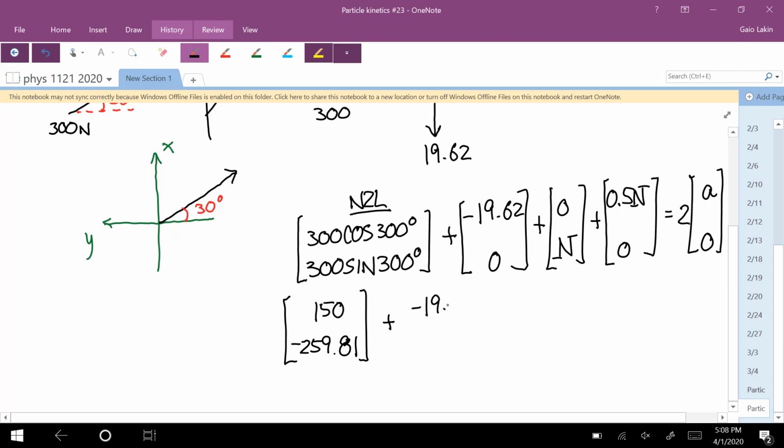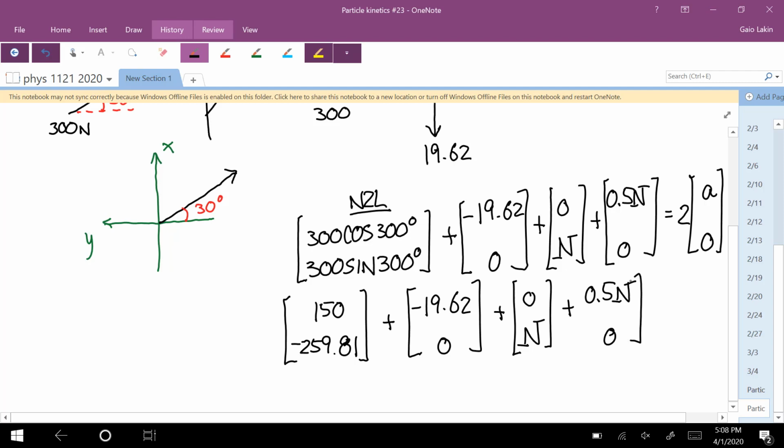Plus negative 19.62, 0, plus 0, N, plus 0.5 N, 0, is equal to 2 times a, 0.